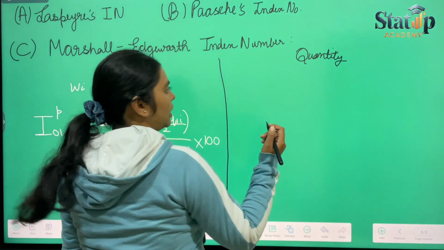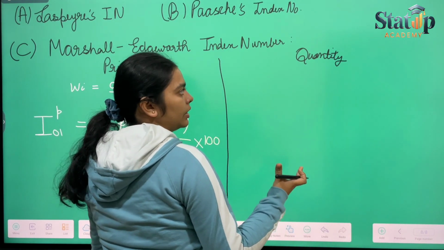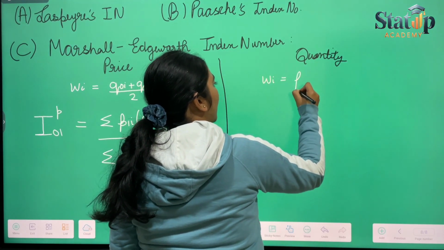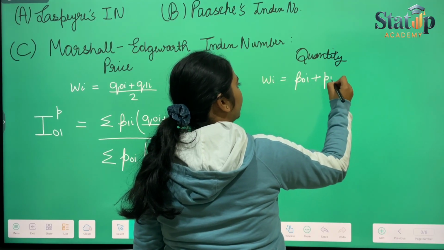Now we are writing the Marshall Edgeworth quantity index number. So here weight would be equal to the average of price of the current year and price of the base year.